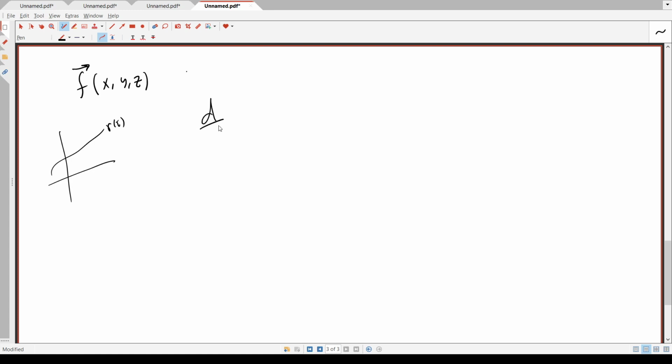So I want to find d/dt of f of r of t, right? If I only look at the xyz points along this curve, I want to find the rate of change of this surface. So if you remember, I have to do the chain rule for this, and what I get is, I'm sorry, this is not a vector field, this should be a scalar field.